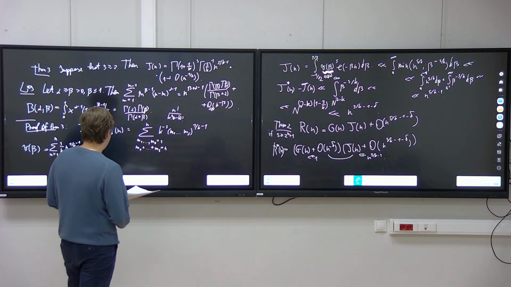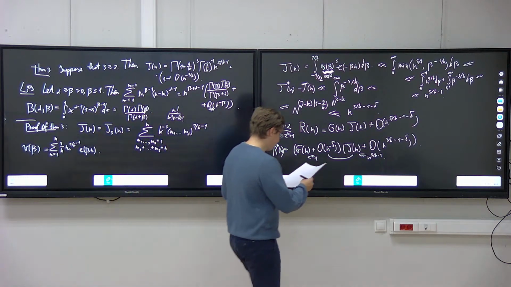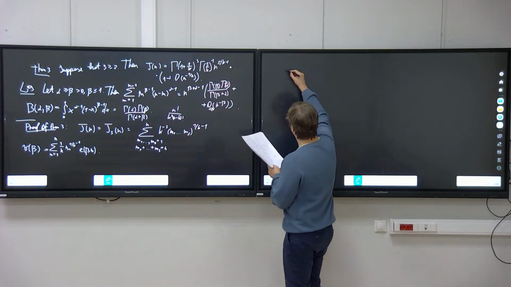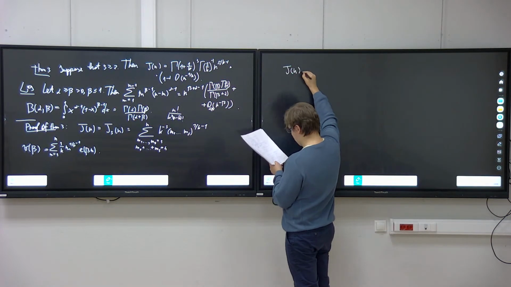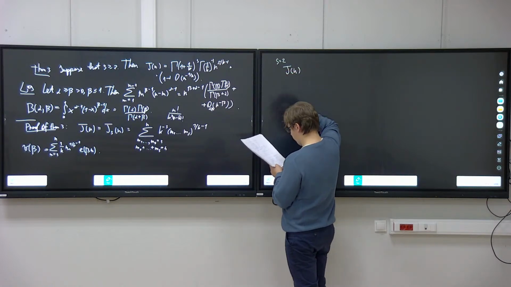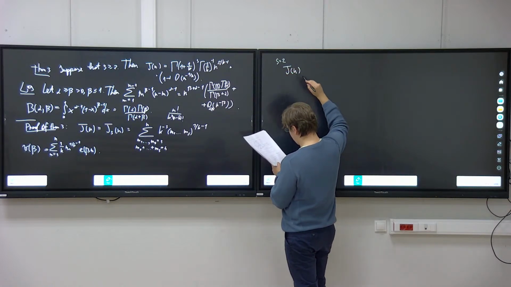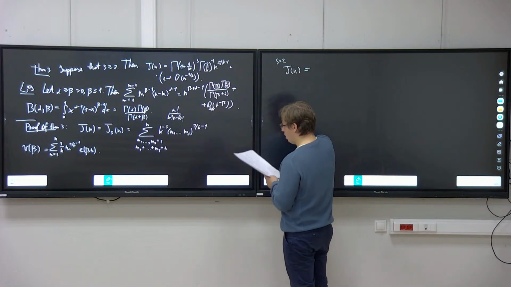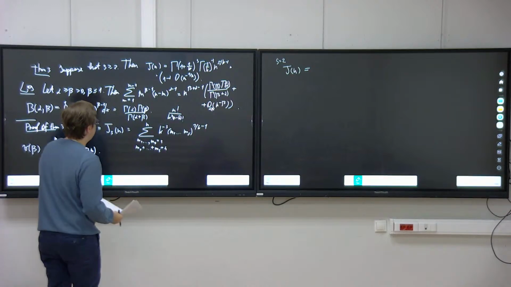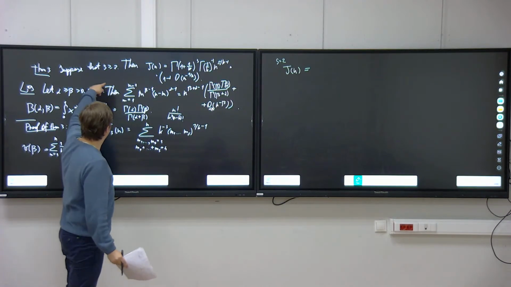Okay. And so we have that J of n, if s is equal to 2, we have the sum exactly like in our lemma.